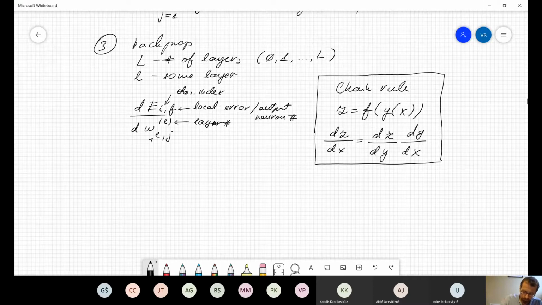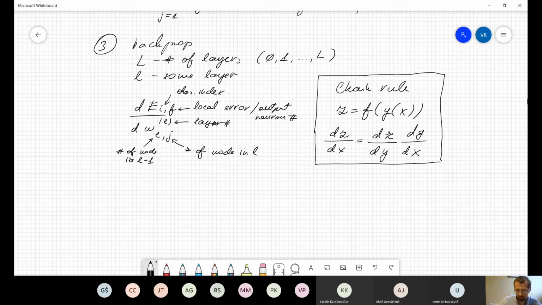So e is the number of the node in layer l minus 1, the layer just before this weight, and j is the number of the node in layer l. So a connection between 2 neurons on adjacent layers is connected via some weight.